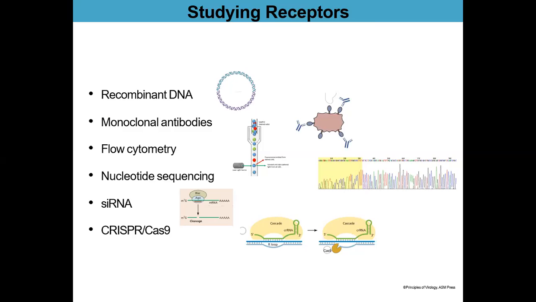So using the CRISPR-Cas technique, that scientist removed that gene. When the gene is removed, the receptor is gone. And when the receptor is gone, HIV cannot attach and enter into the cell. So these are different technologies that are being used right now in the field of virology to study the receptors.